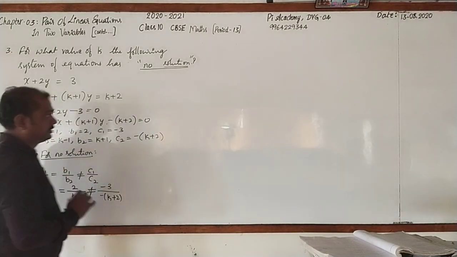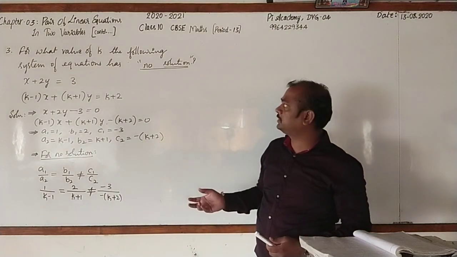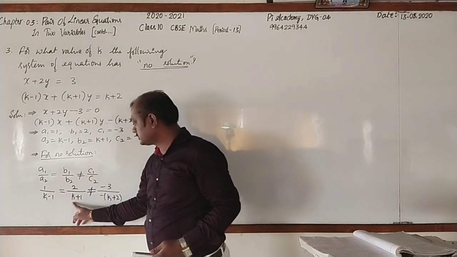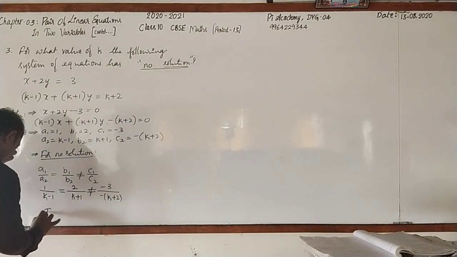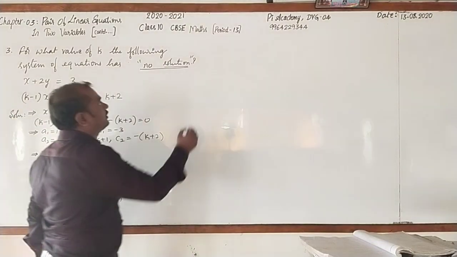Yes. Now here you have to go for all the three possibilities. What are those? First and second, second and third, and first and third. These are the three ratios which are to be equated.